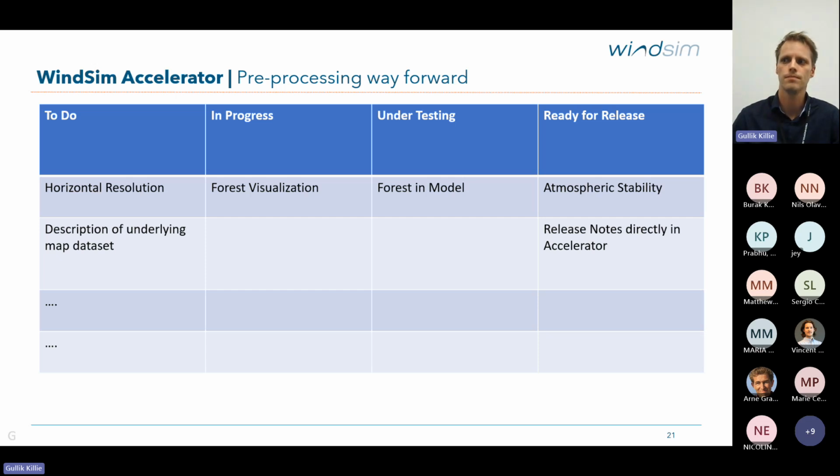Of course, one of the perks of being on the cloud compared to a desktop version is that we can do small releases with just the atmospheric stability and some other small improvements. Earlier, with the desktop version, you had to bundle things to a much larger degree. So I expect us to release the atmospheric stability release in the coming weeks.